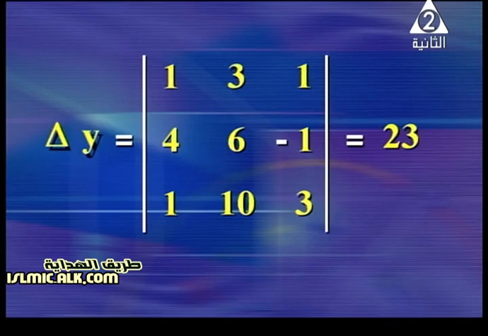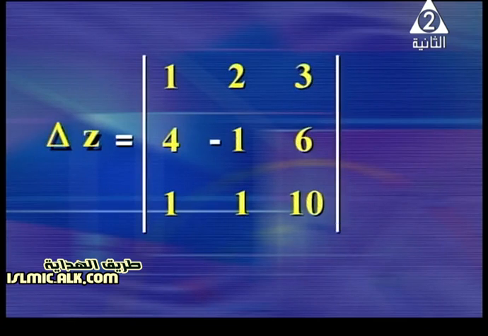Delta z equals what? Change the third column, the coefficients of z, by the constant terms. Then delta z equals 1, 2, 3, 4, negative 1, 6, 1, 1, 10. We find the value of delta z is negative 69.